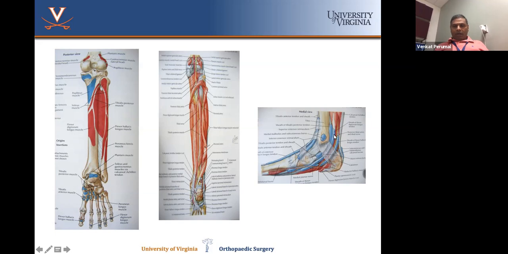Right next to that is the flexor digitorum longus, FDL, then the neurovascular structures, and then the FHL tendon. So it's very important to know the anatomy on the medial aspect of the ankle when you treat tibialis posterior tendon insufficiency in flat foot.